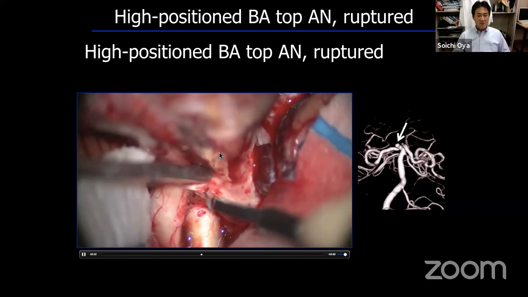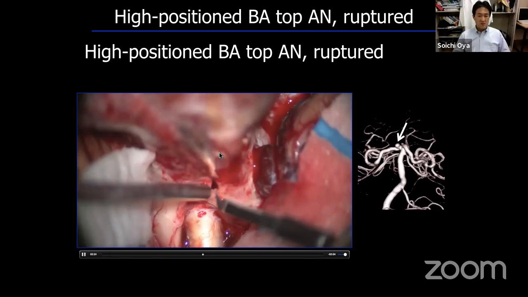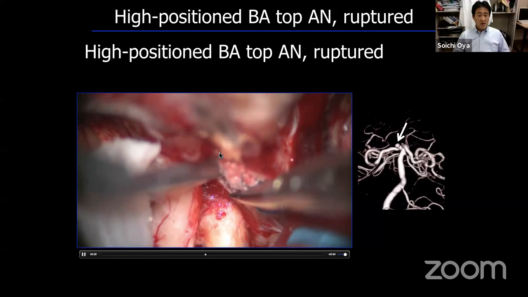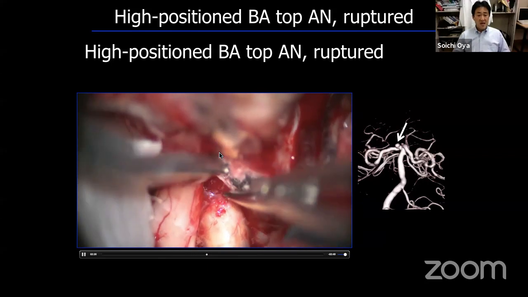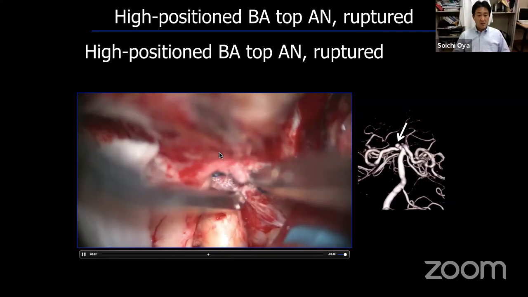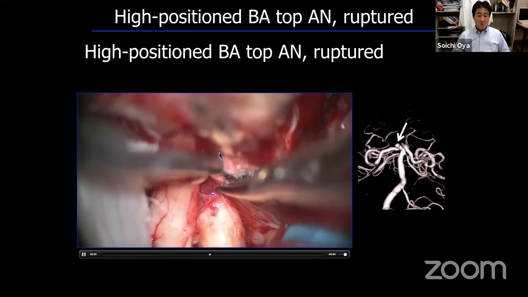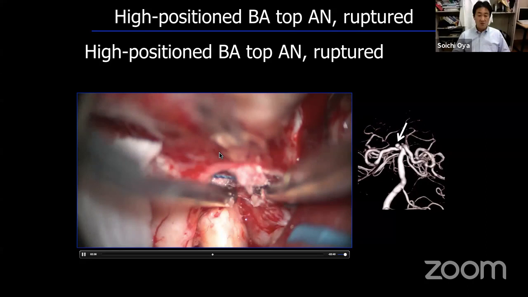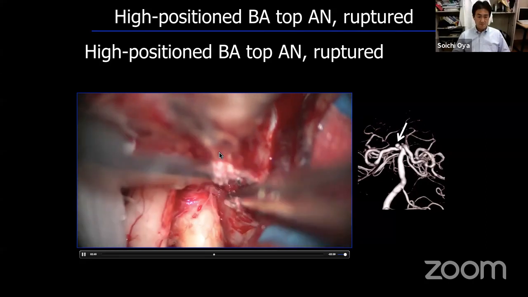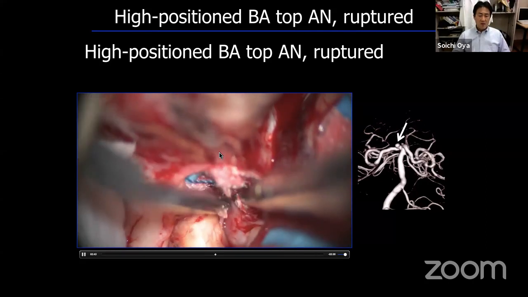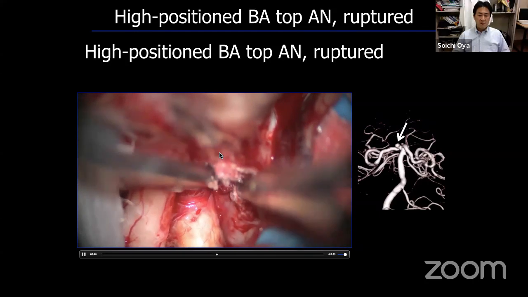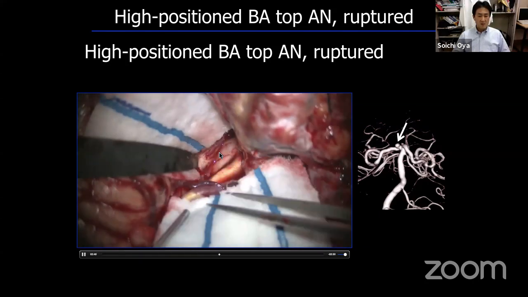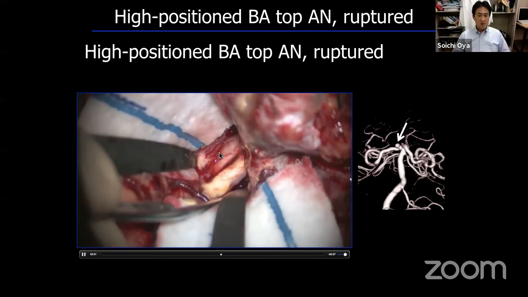And the next step is to cut the distal dural ring. By doing this, I can mobilize the ICA medially, so that I can expand the space posterior to the ICA, which is also called the retrocarotid space. You may encounter some bleeding from the cavernous sinus by cutting the distal dural ring.